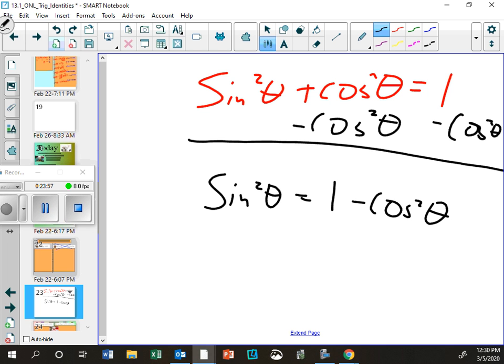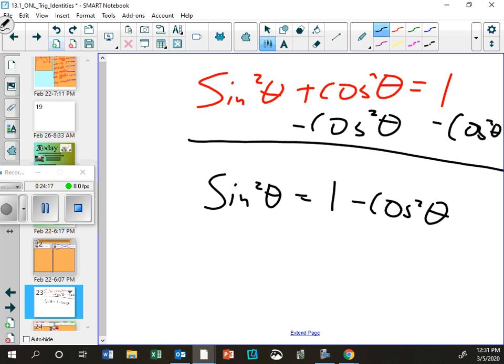This one comes up a lot. I'd say it's second place to those quotients, tangent as sine over cosine, and the reciprocals, where sine gets replaced with 1 over cosecant. Those happen the most, but this happens the second most.